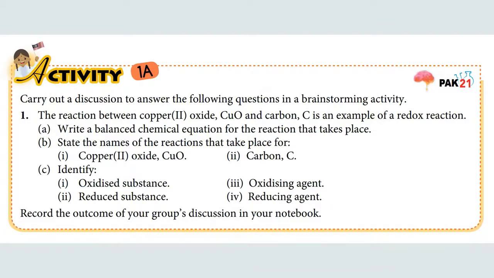Now, let's carry out an activity. The reaction between copper oxide and carbon is an example of a redox reaction. Write a balanced chemical equation for the reaction that takes place.